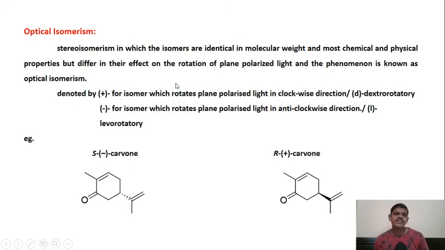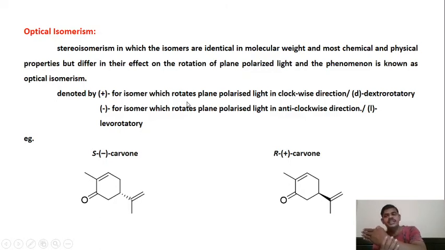The main thing is the rotation of the plane polarized light. If the rotation is clockwise, suppose this is the plane polarized light coming and it is moving in the direction of the clock, then the molecule due to which it changes its path to the clockwise direction is called dextrorotatory, or plus sign, small d.